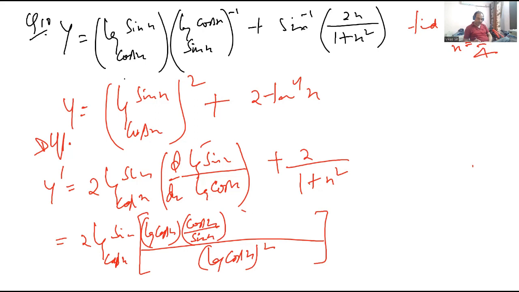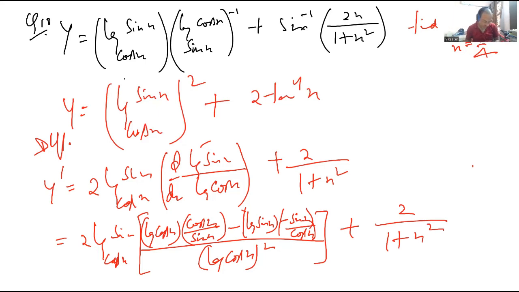Further, there is a negative sign, and after this I have to write log sine x. Furthermore, I have to differentiate the denominator part log cos x, which will give me cos x in the denominator, and when I differentiate cos x, I will be having minus sine x, plus 2 over 1 plus x squared. This is the whole thing which I will be having.